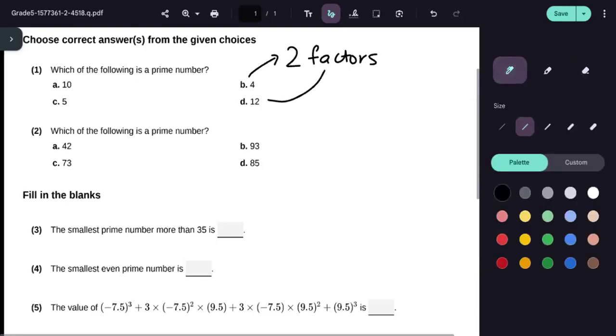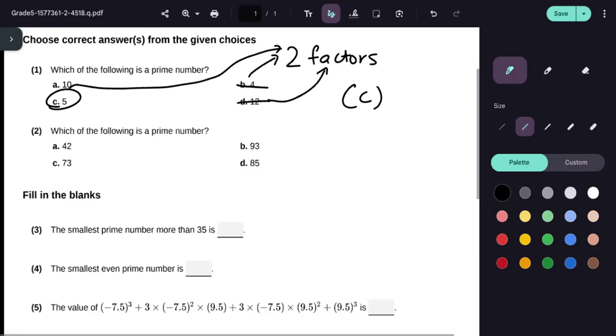Then B and D are out, correct? And based on what you learned just now, a prime number is a number that only has a factor of 1 and itself. 10 has how many? 1 times 10, 2 times 5. So this one also will be 2 factors. So the answer will be C, 5.